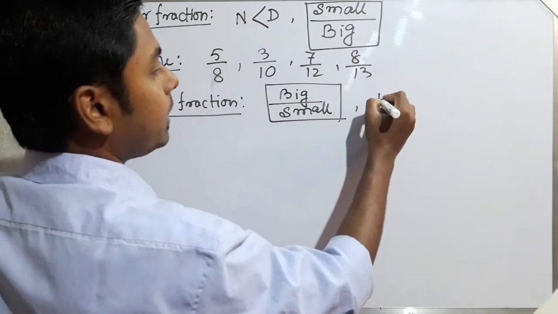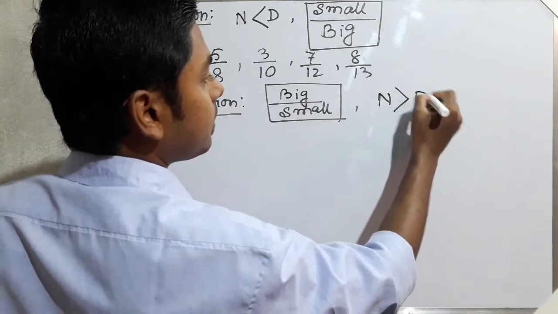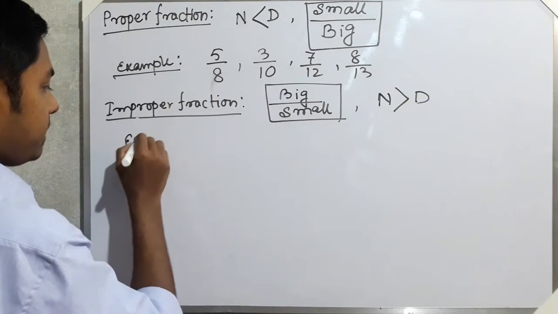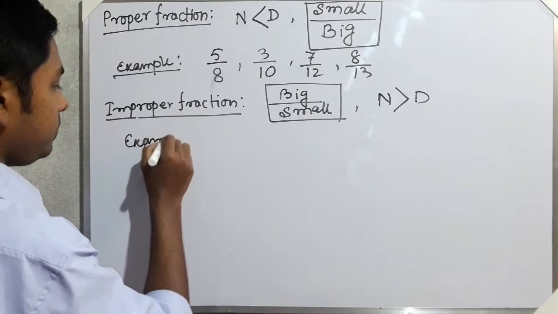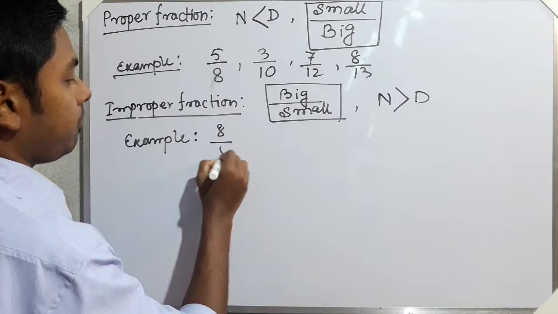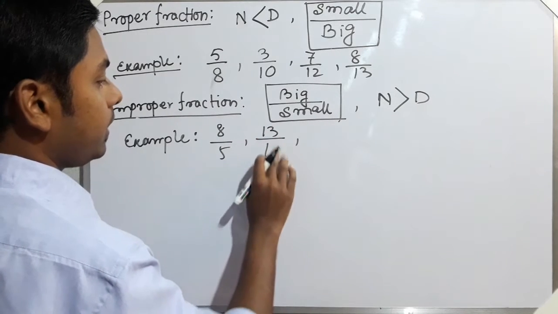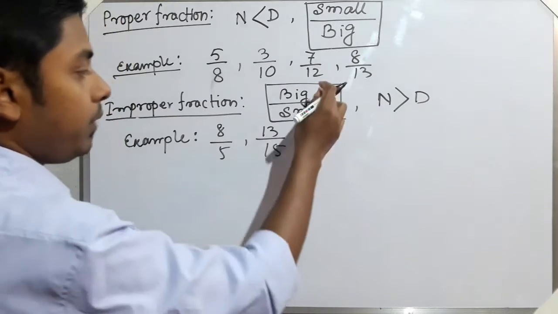And here the numerator will be greater than the denominator. So what is the example? 8 by 5, 13 by 15, big by small.